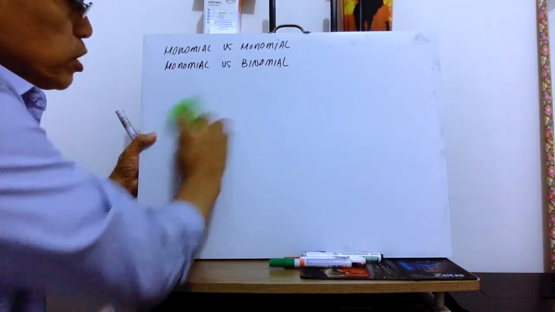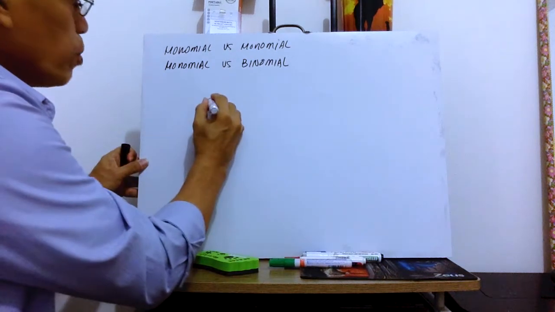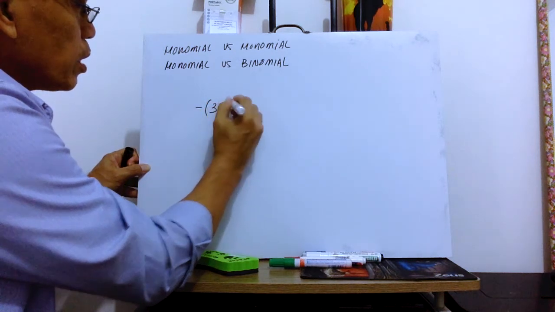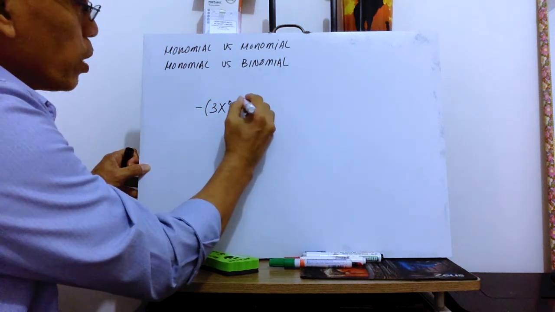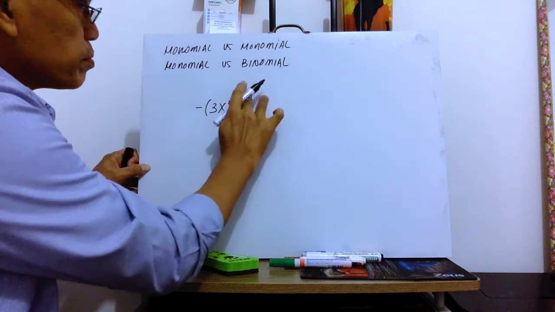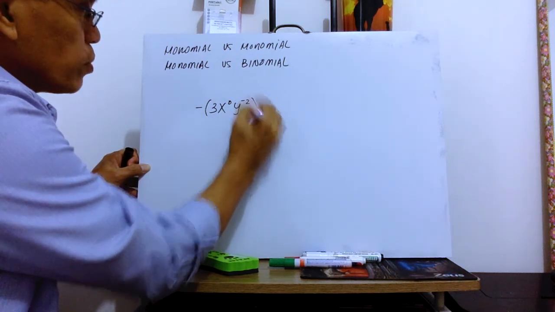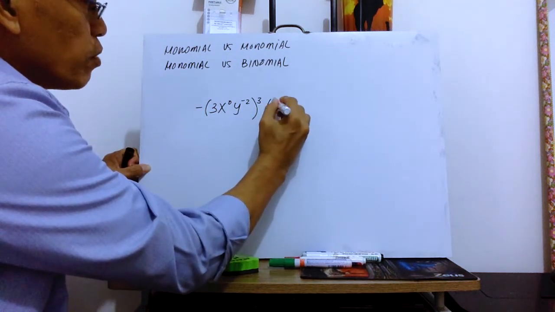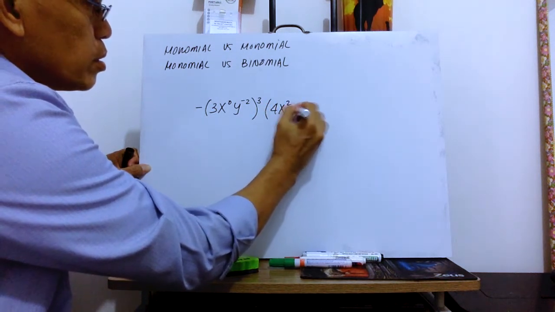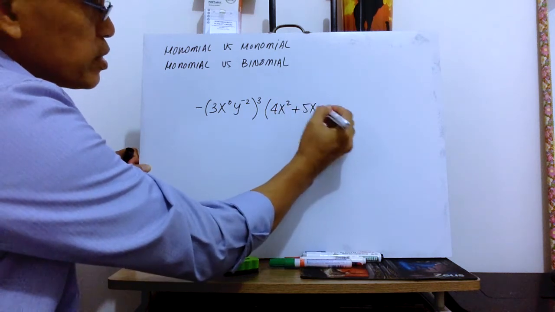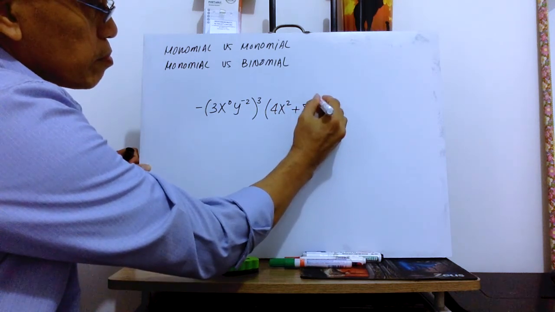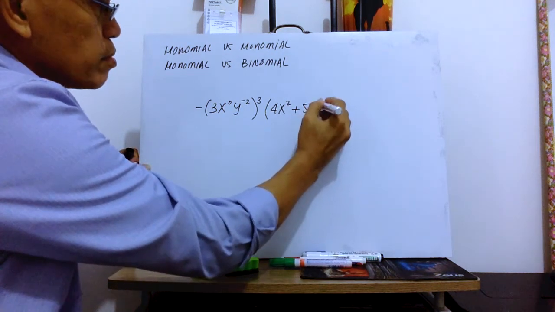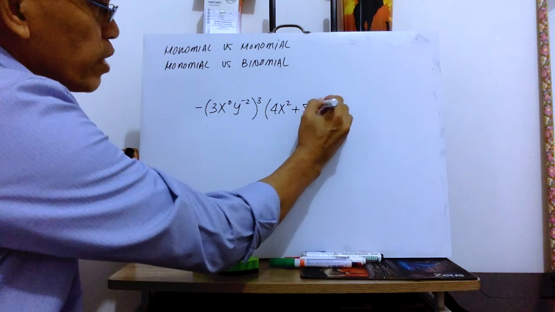Let's do more multiplication. What if it's negative (3x^0 y^-2) cubed, multiplied by (4x squared plus 5y) raised to negative 5?